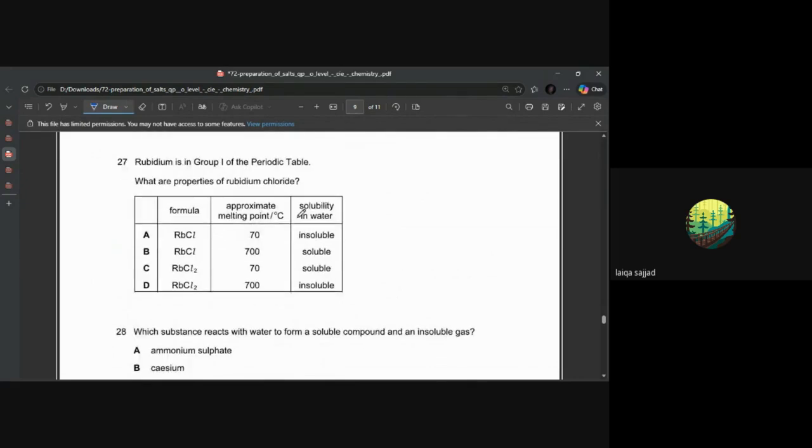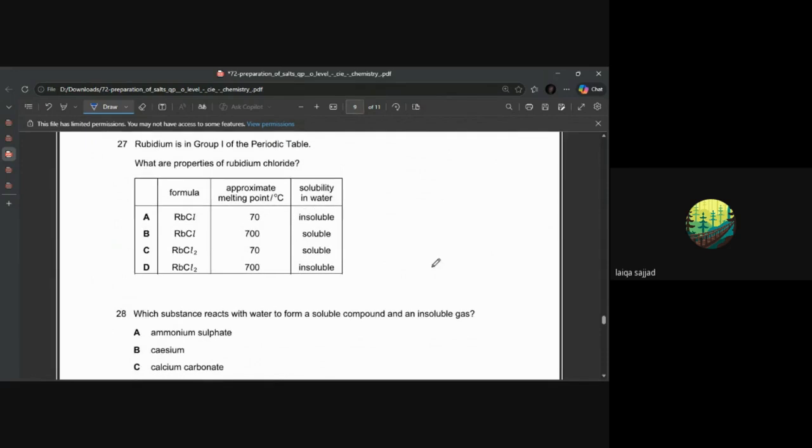Okay, then we are given that rubidium is in group 1 of the periodic table. What are the properties of rubidium chloride? You're given the formula, approximate melting point and the solubility in water.